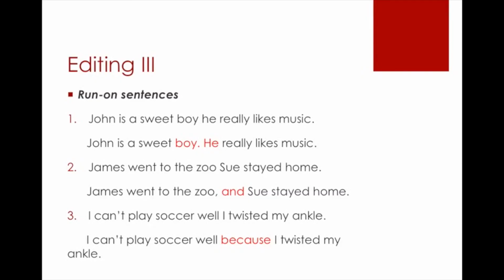In the first example, two sentences are connected without any devices, and this is ungrammatical. One simple way to edit is to use a period, which means making two sentences. In the second and third examples, you can also think about using coordinating or subordinating conjunctions, as long as the meanings are coherently connected together.